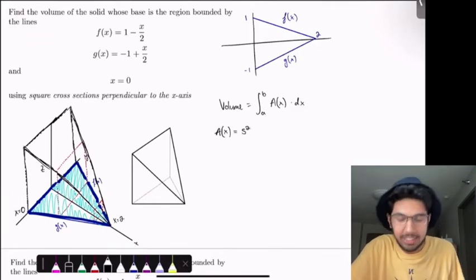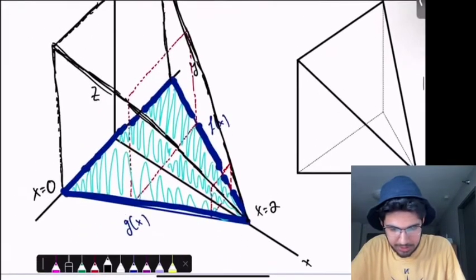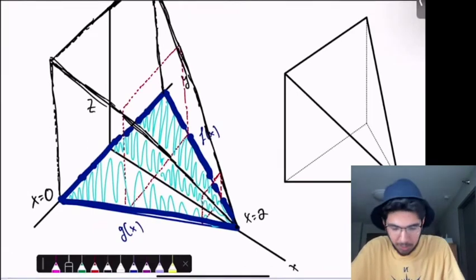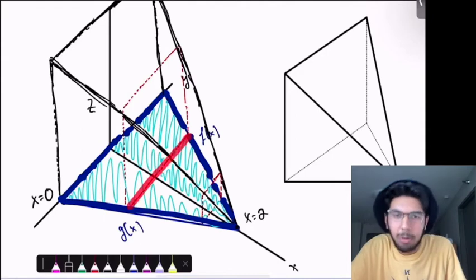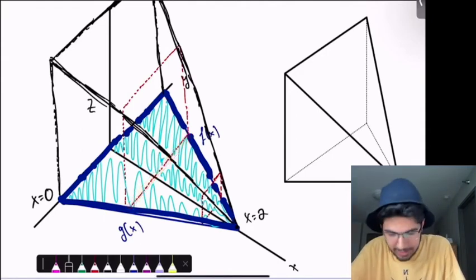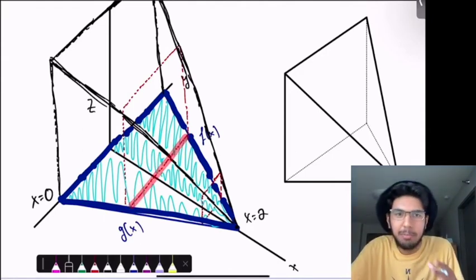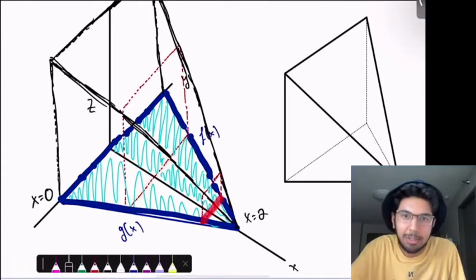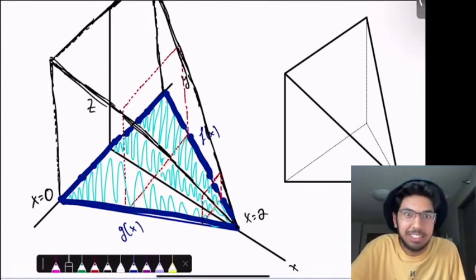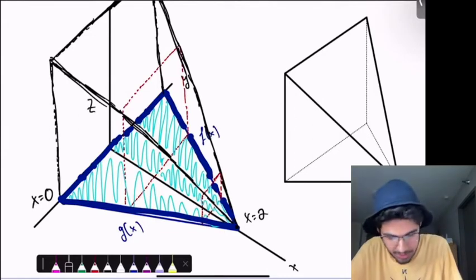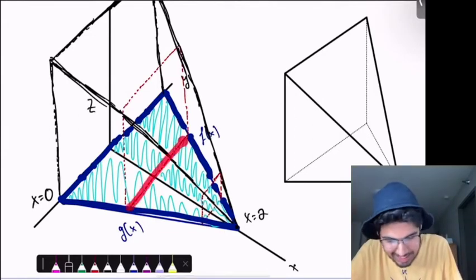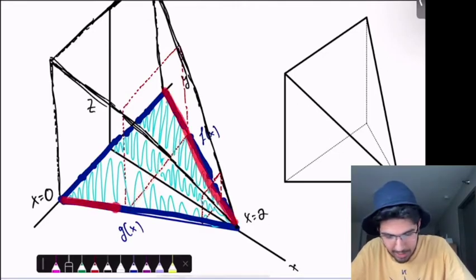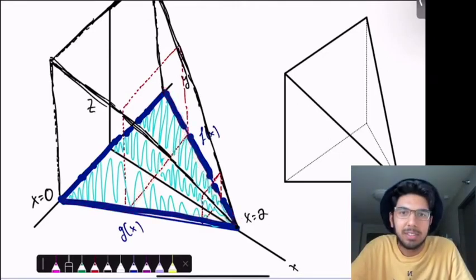But what is the side length? Let's go in here. For the first red square, the bigger one, this is our side length, right? It's in between the part of the base. And for the other cross-section, that's our side length, right? So they're definitely different sizes. It's not a constant. But actually, it's the distance between this line of our base and that line of our base, right?